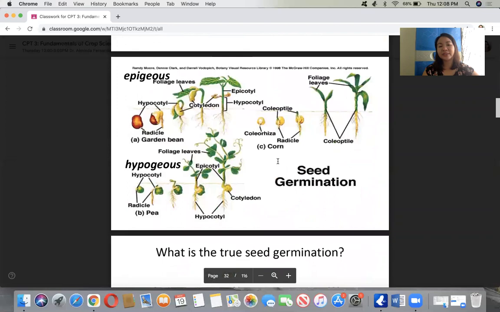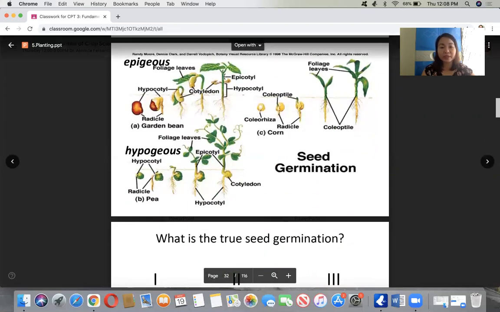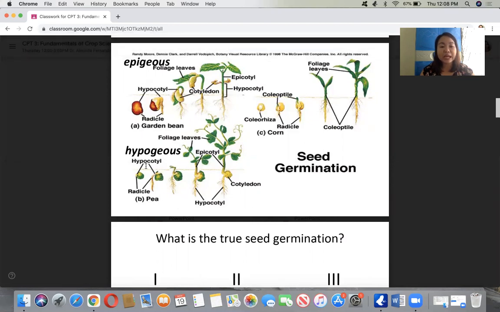Basically, they have the same structure and the same parts, it's just that the number of cotyledons differs. This is how seed germination occurs in epigeous germination, wherein the hypocotyl is raised above the ground. When we say hypogeous germination, the hypocotyl remains below the ground.